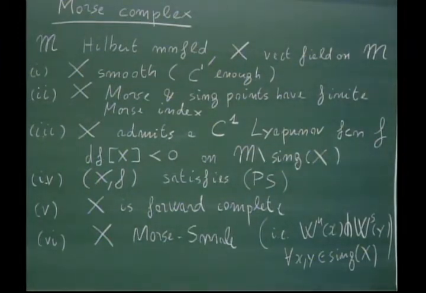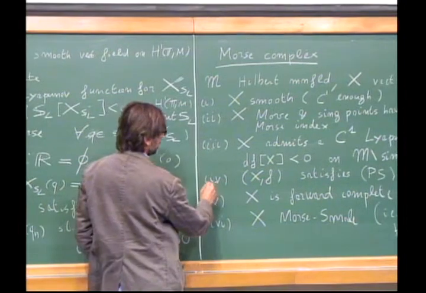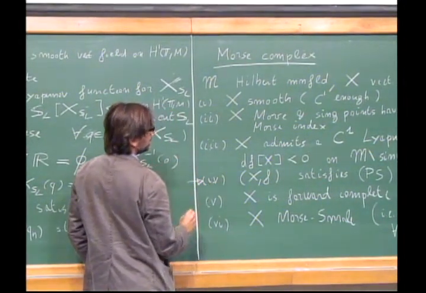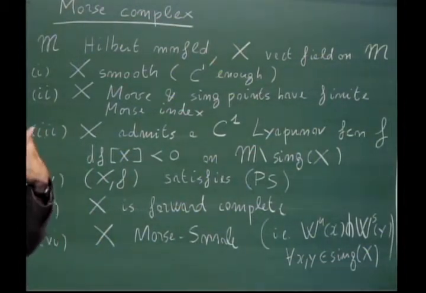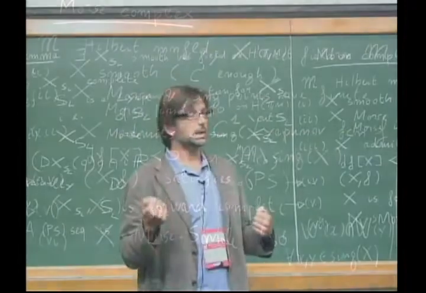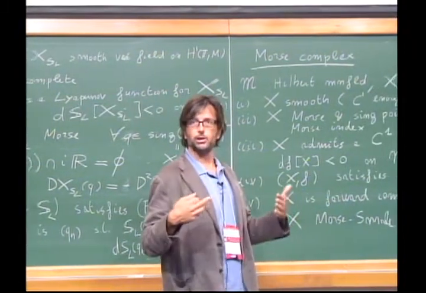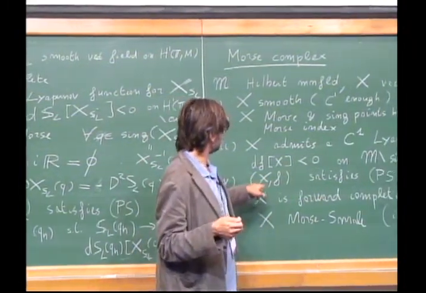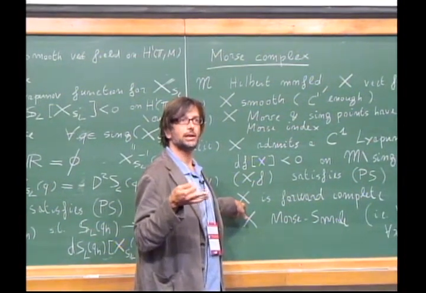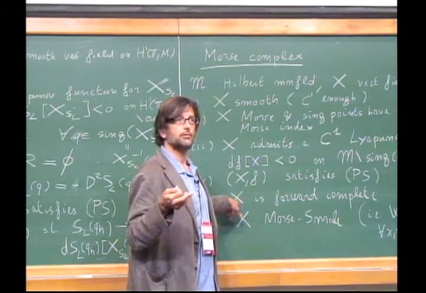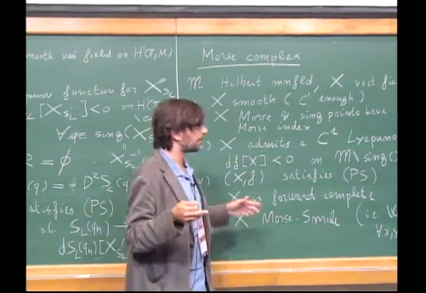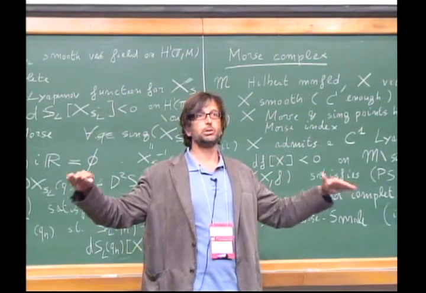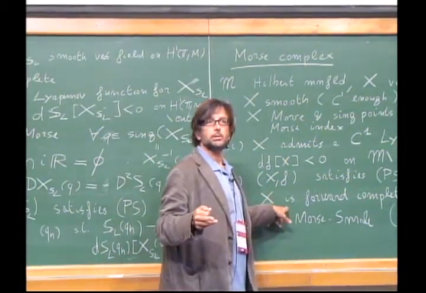Let me make a comment, maybe the only comment, that these assumptions, Palais-Smale and completeness of the flow, are somehow antagonistic, meaning that they sort of work in different directions. Because if you have a vector field X, the dynamics of X, up to time parameterization, does not change if I multiply it by a positive function. The dynamics will be the same. So if I multiply X by a positive function which goes to 0 at infinity, I can make it forward complete, because I can slow it.